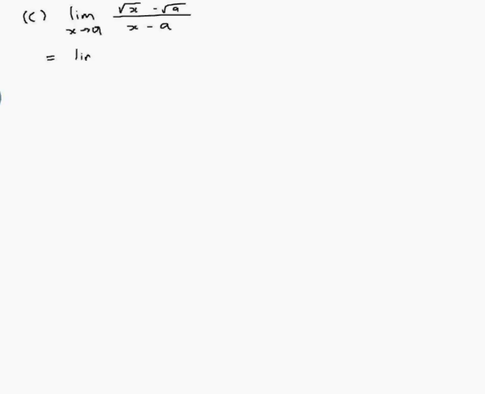So this is equal to the limit as x approaches a of root x minus root a on root x squared minus root a squared, and that's a difference of 2 squares, so I can replace it with root x minus root a.